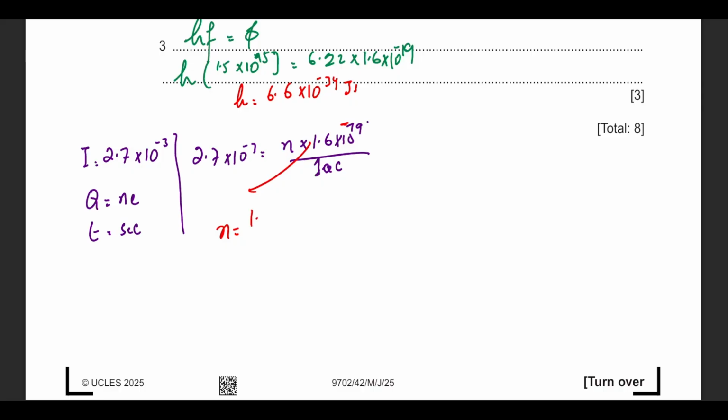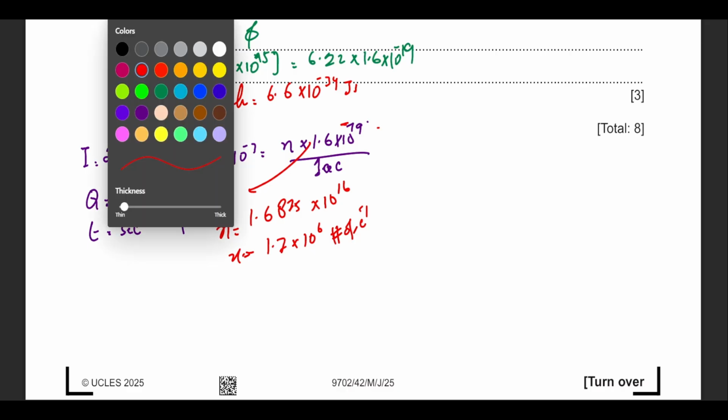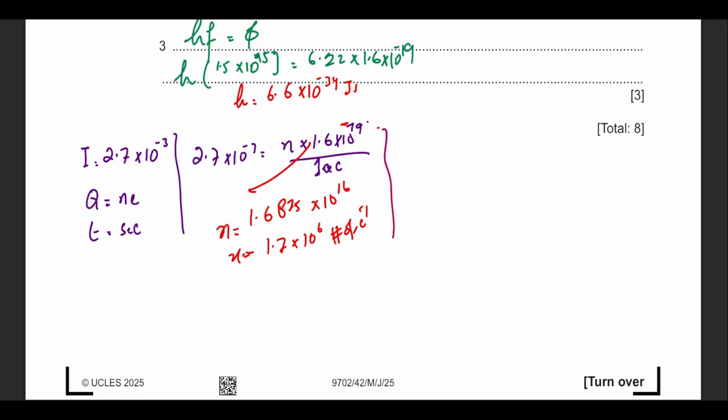So n comes out as 1.6875 into 10 raised to the power 16, which becomes 1.7 into 10 raised to the power 16 to two significant figures. Not meters, but number, the number of electrons. Now this is the fifth one.